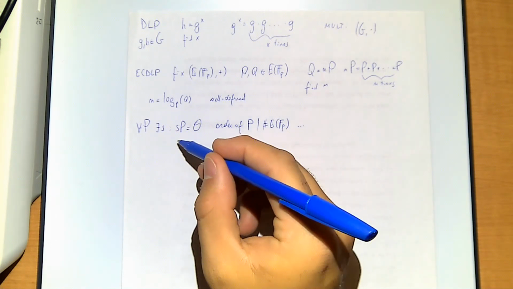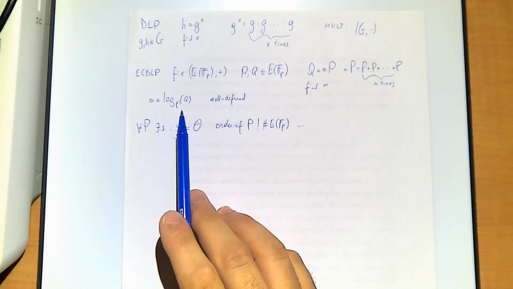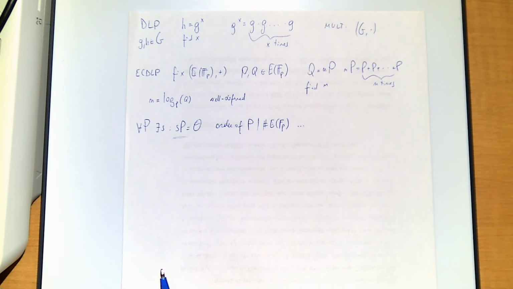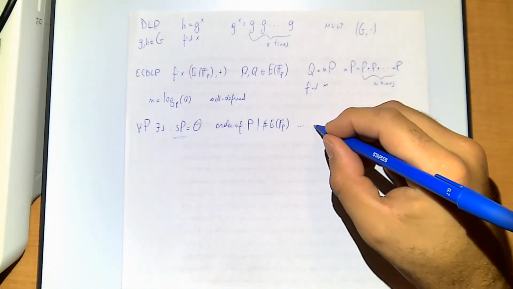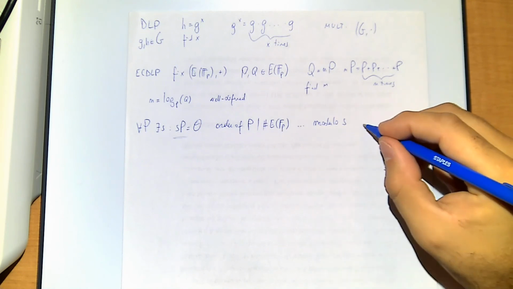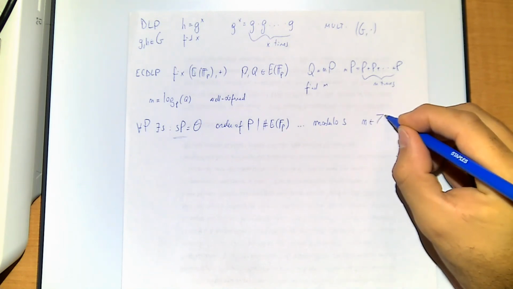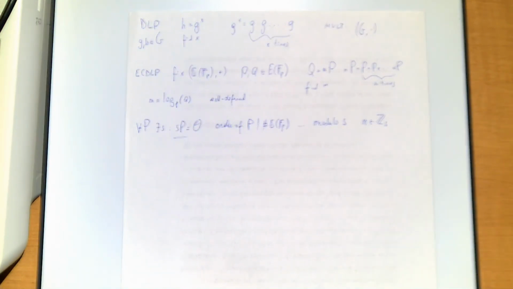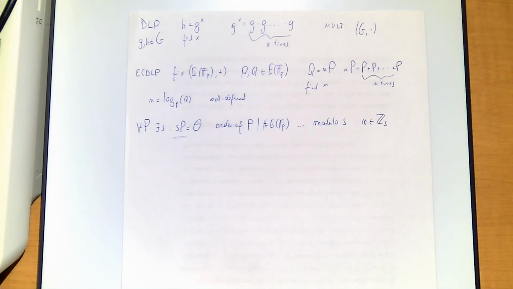So what this is telling us is that once the logarithm is defined, it is also defined modulo s. So we can think of this logarithm as an element of Z_s. Again, we take it modulo the order of the element we are dealing with, like we were doing for the original discrete logarithm problem.